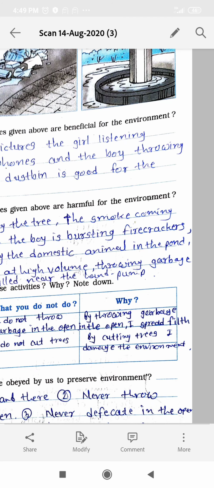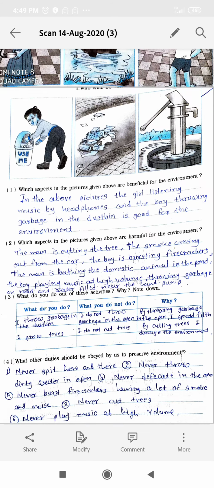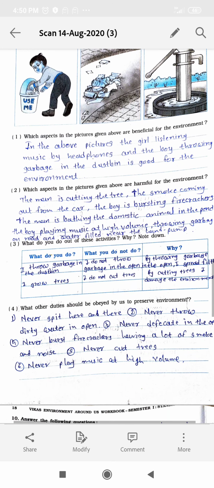So this is the activity you have to do in both your workbook and textbook also. So see what other duties should be obeyed to preserve the environment. In the textbook not enough space is given, so I have to write this answer in the workbook. You have to write this answer in the workbook.